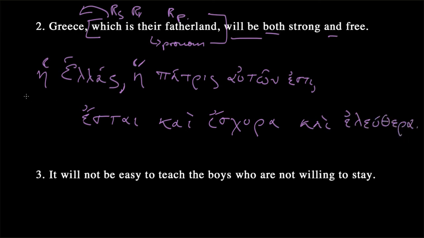So in sum, Greece, we're adding that article because Greeks would like it. Greece, which the fatherland of them, we don't know who these "them" are, but we're marking it there with the autōn, is, will be, so we're going to have a nice enclitic estí here, nice future non-enclitic estai here, both strong and free. Excellent.